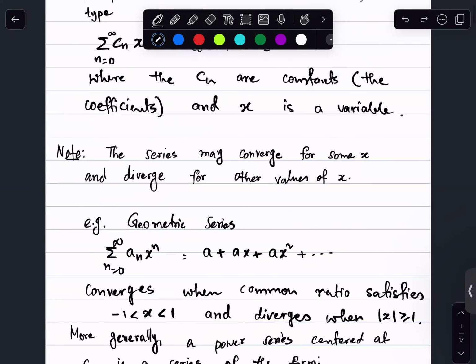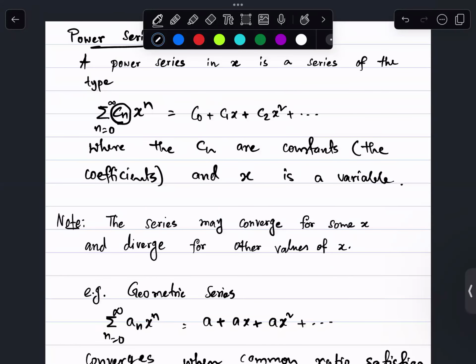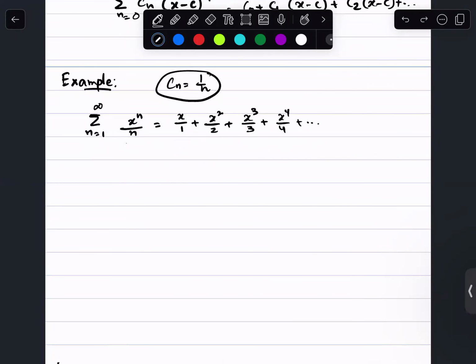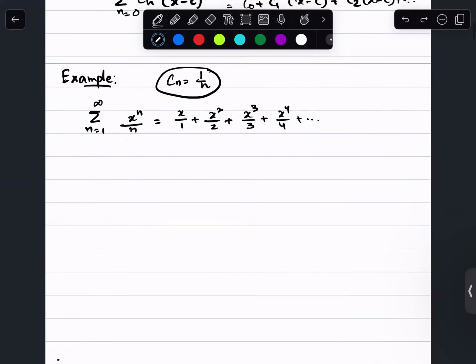I basically replace Cn with 1 over n there in the example. And that is basically x over 1 plus x squared over 2 plus so on. The starting term is n equal to 1, so therefore you'll get that.